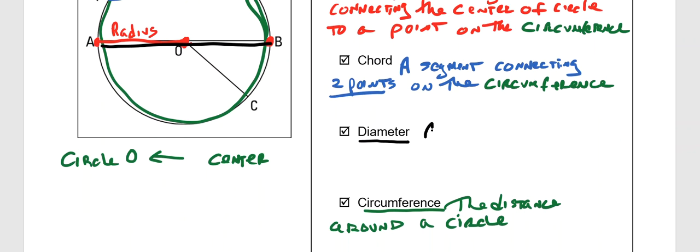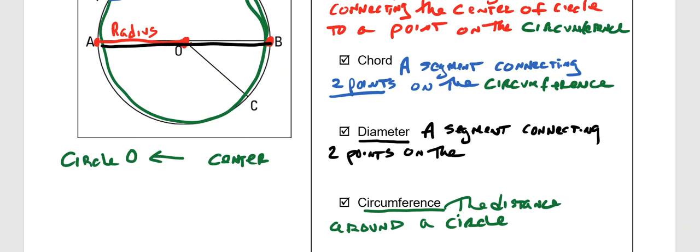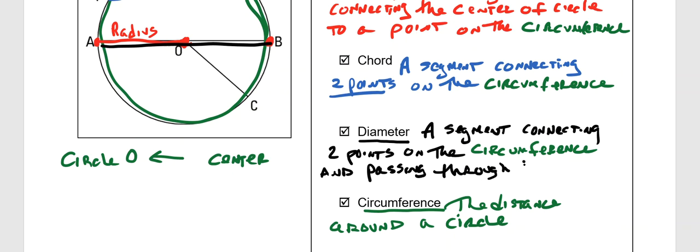So we're going to call it a segment connecting, again, 2 points on the circumference. And this is really key here. And passing through the center of the circle.